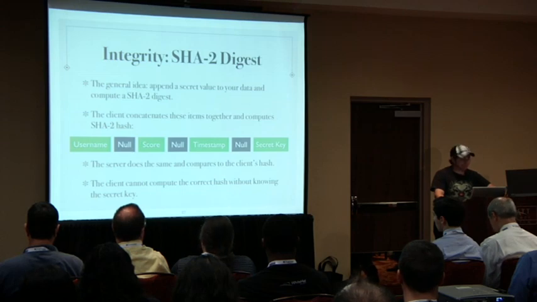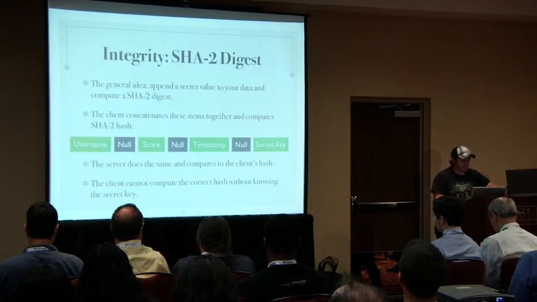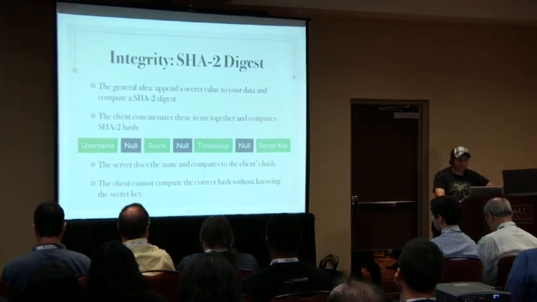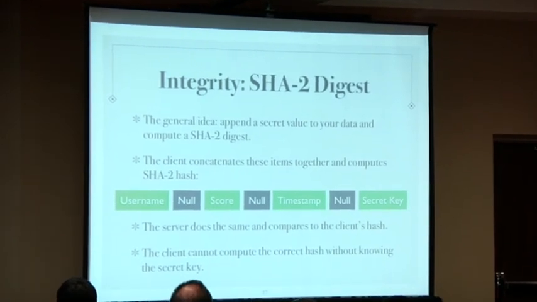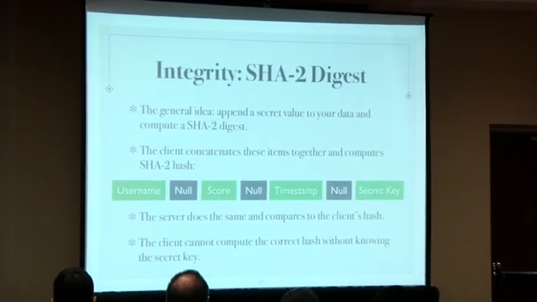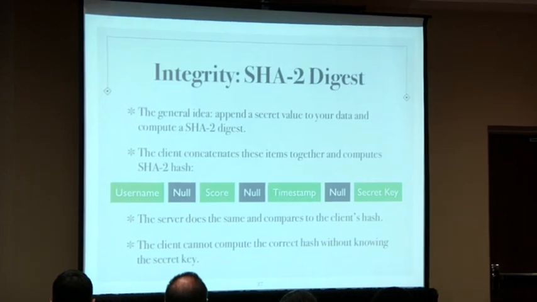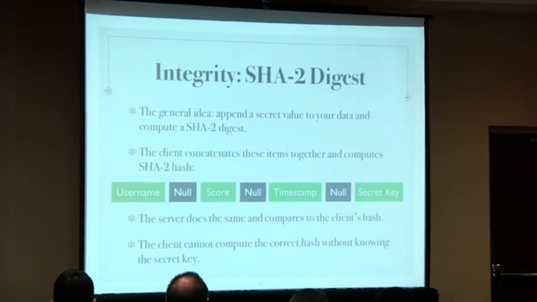So ideally, you choose a better one when you're doing this at home. The server does the same, and then it's going to compare the hash transmitted to the hash computed. So the client can't compute the correct hash without knowing the secret key, and the server is going to know if any of the data has been tampered with.